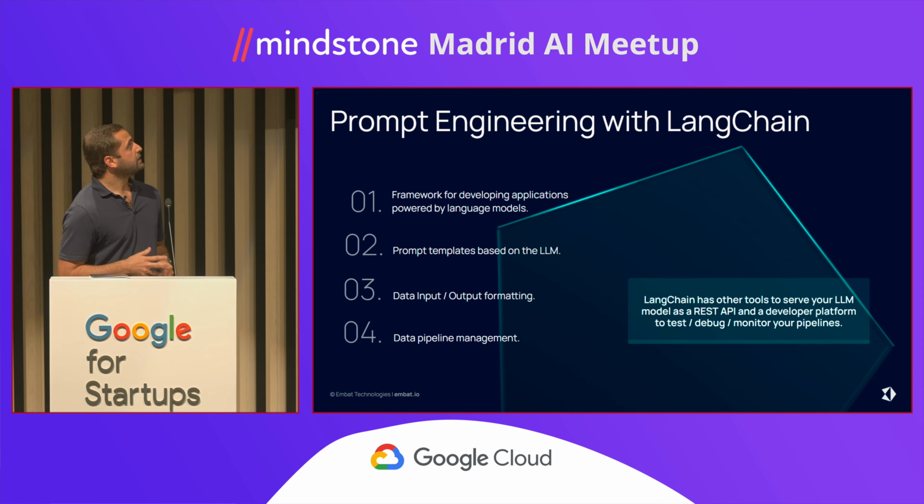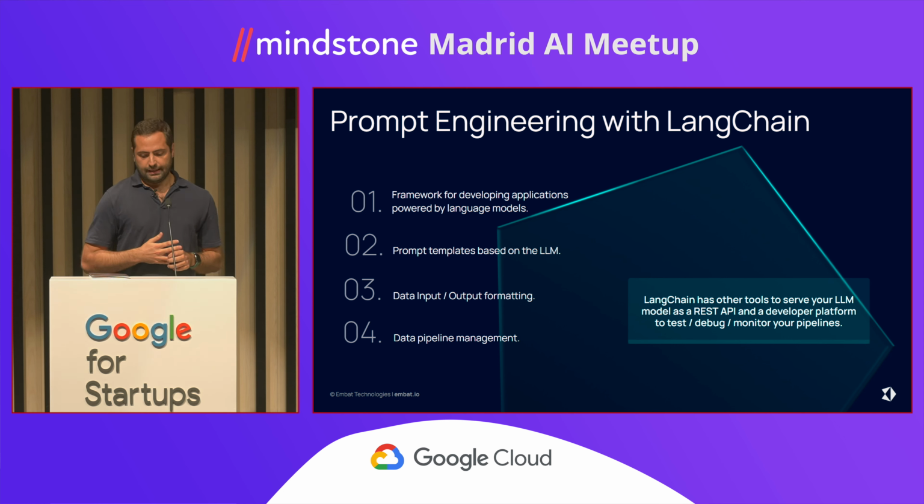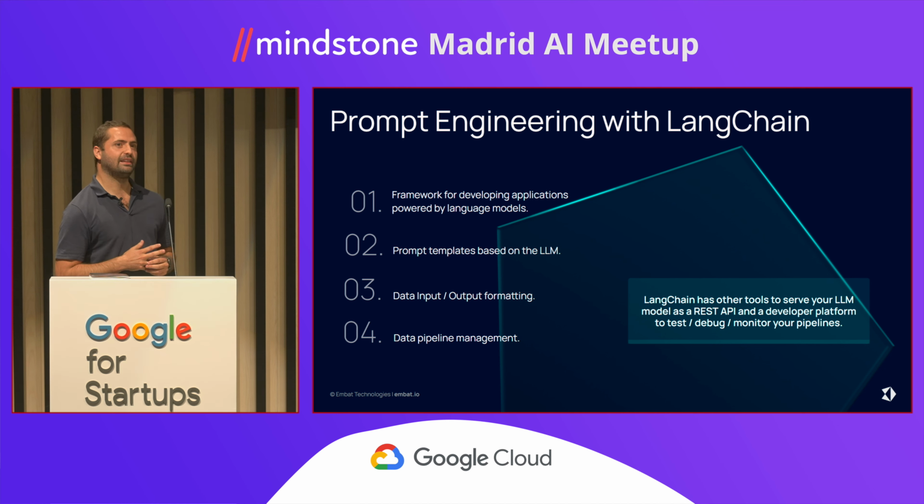And here is where LangChain comes in. I mentioned here in the first point what LangChain is, or the definition you can find on their web. It's a framework for developing applications powered by language models. They have a lot of tools. Actually, I haven't checked it recently, but I know there are a lot of different tools right now in the library, but we use it basically for data input and data output format, right?